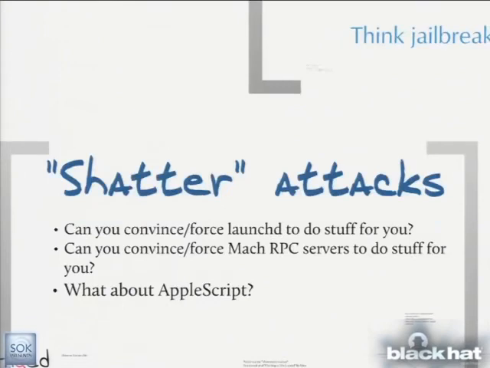The other option that comes to mind is what back in the day were called shatter attacks. When I was still in high school, there were a lot. This kind of attack took place on Windows, and the idea was that you could have multiple processes on the same desktop with different privilege levels, and a process with a low privilege level could talk to a process with a high privilege level and say, hey, can you please execute this code for me or perform this action for me?